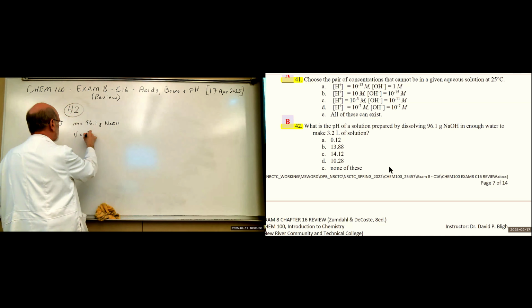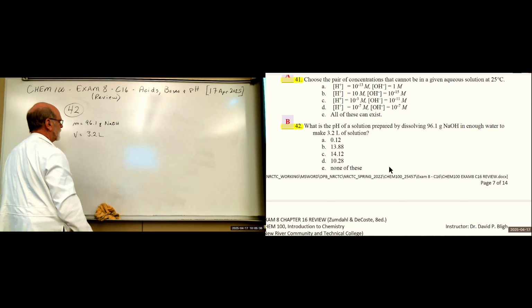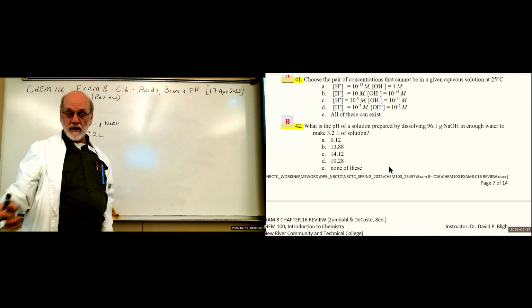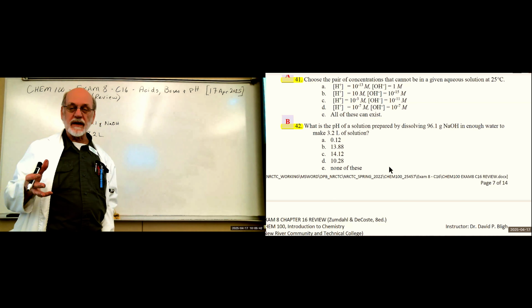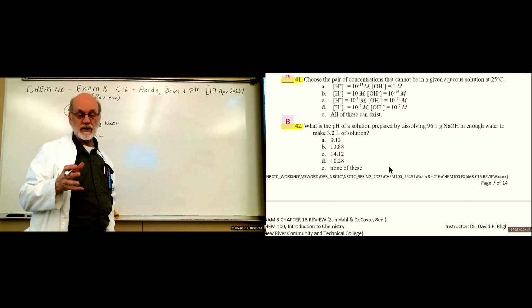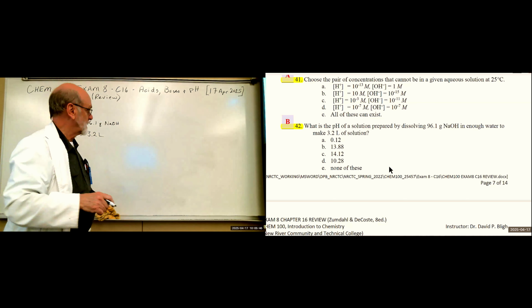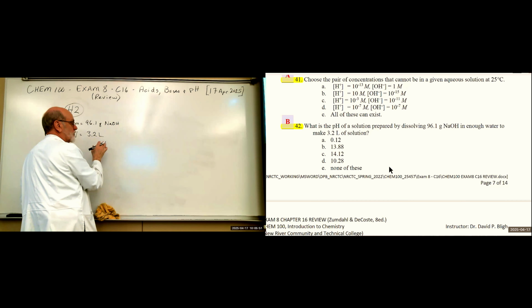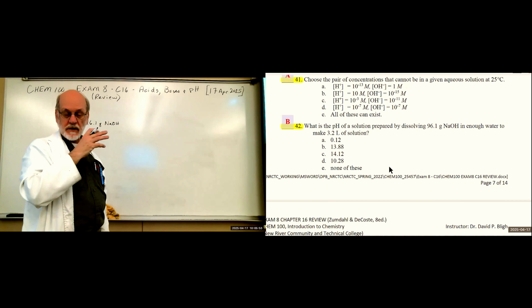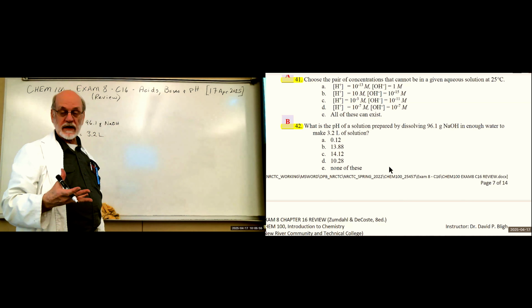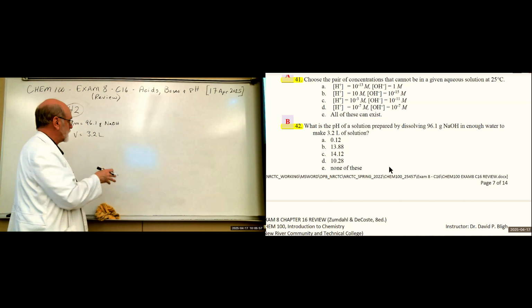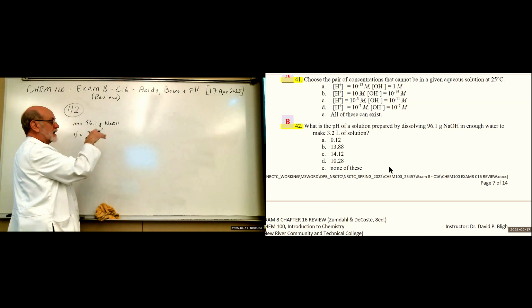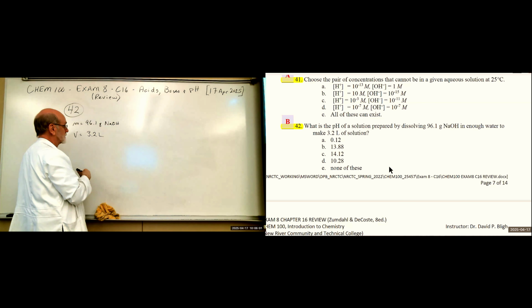We've got to be able to calculate the hydroxide ion concentration in order to determine the pH. Now, we know that if we have 1 mole of sodium hydroxide, dissolve it in water, you get 1 mole of hydroxides. So if we convert this to moles, then we can tell how many moles of hydroxides we have.